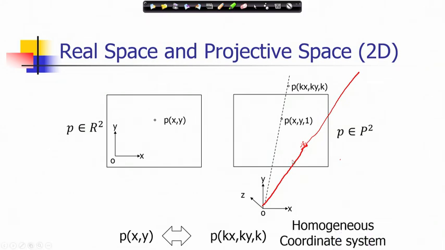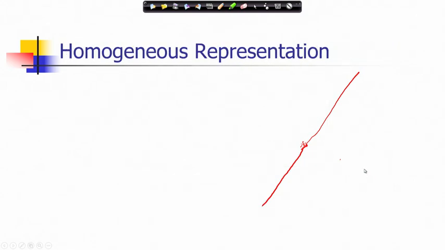This coordinate system is called the homogeneous coordinate system, and you have an additional dimension denoting the scale. If all other coordinates are divided by this scale, you get the non-homogeneous representation, which has a direct relationship with the two-dimensional plane.